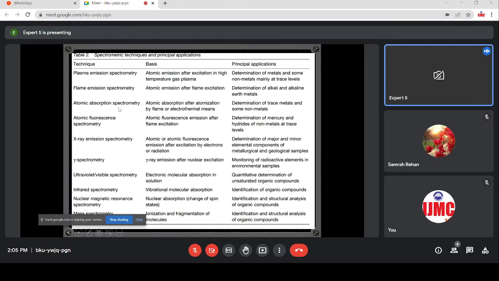Atomic absorption spectrometry, atomic absorption after atomization by flame or electrothermal means, for detection of trace elements, metals and non-metals. Atomic fluorescence spectrometry, X-ray emission spectrometry, gamma spectrometry, UV and visible spectrometry, infrared spectrometry, NMR, mass. These are the various techniques and the basis of their detection, the principal applications where we use these modern techniques or tools.